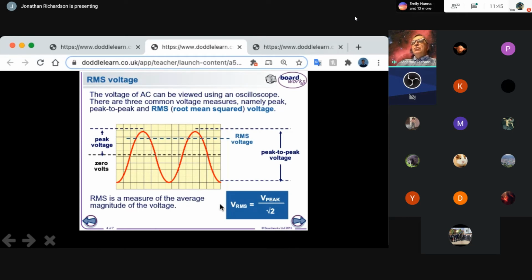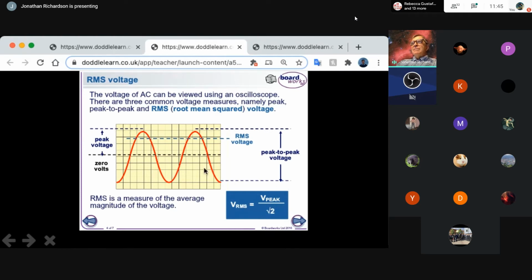So the root mean square value of the voltage is the peak voltage divided by the square root of 2. Don't worry about where the square root comes from. Mathematically, it's easy to calculate.